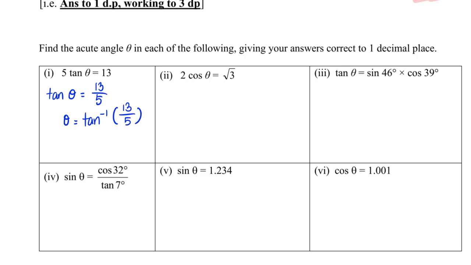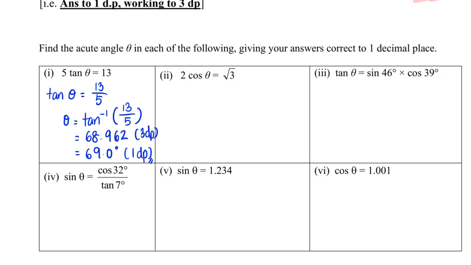This is called inverse. When you press it, making use of the fraction, you should get 68.92962, which is 68.930 to 3 decimal places, and 69.0 degrees to 1 decimal place.